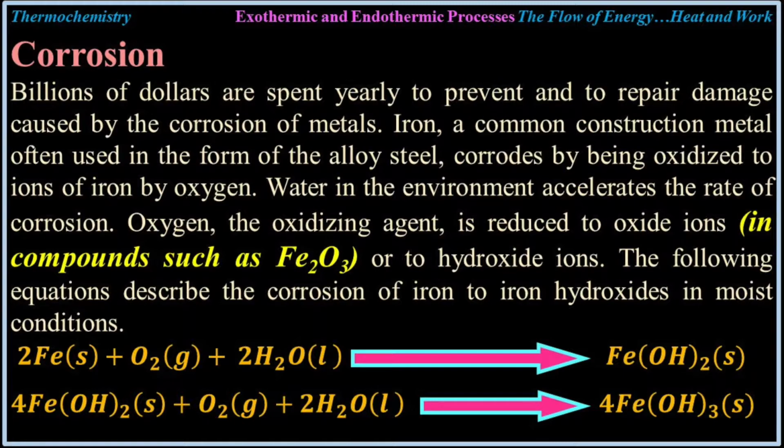So 2 moles of iron plus 1 mole of oxygen plus 2 moles of water yields 2 moles of iron(II) hydroxide. And then 4 moles of iron(II) hydroxide plus 1 mole of oxygen plus 2 moles of water will yield 4 moles of iron(III) hydroxide.